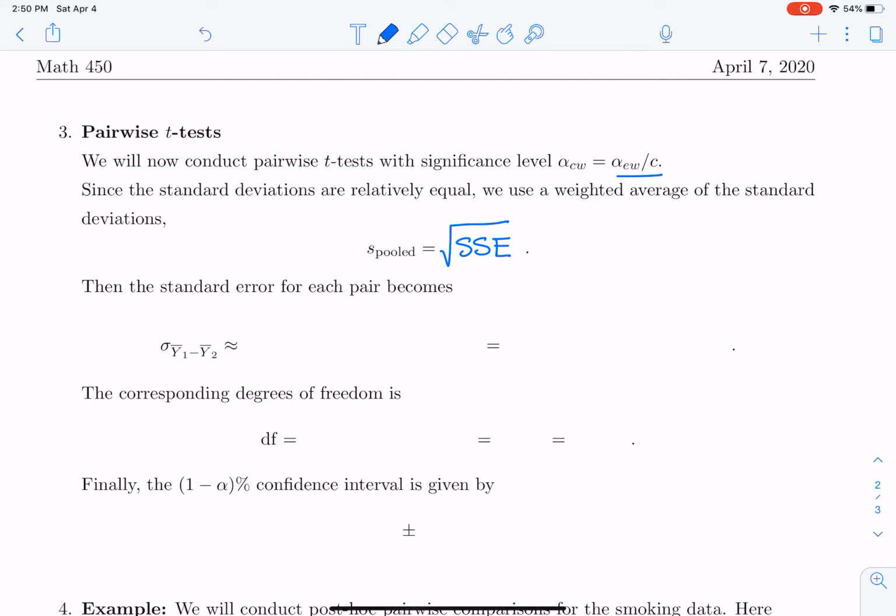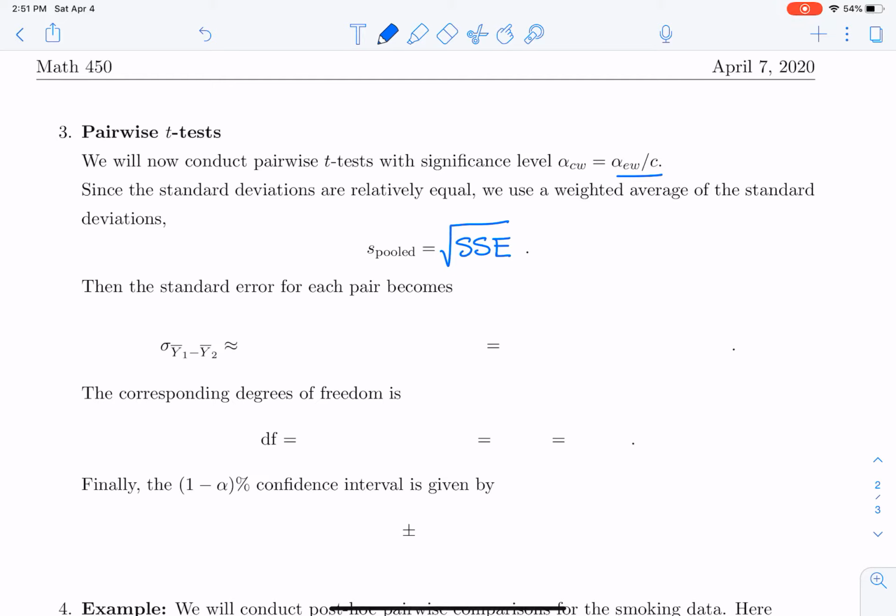So our pooled standard deviation is going to be the square root of the sum of the squares of the errors. In the cases before, we only had 2 standard deviations. Now we're finding a weighted average of many standard deviations.